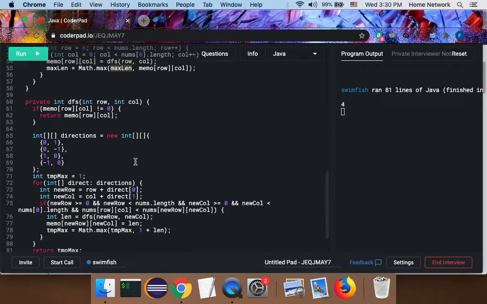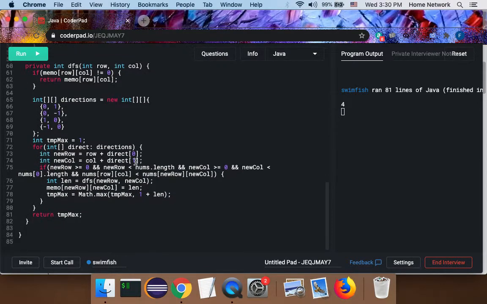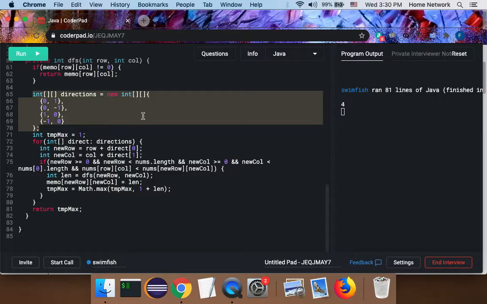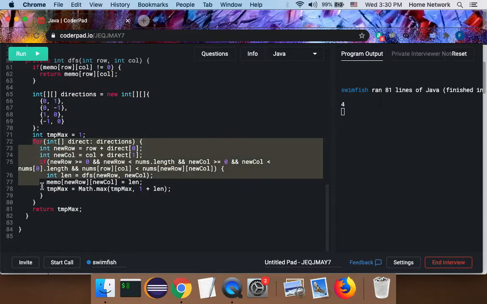Let's look at the DFS. If we already processed this vertex before, we directly return from the cache. Otherwise, we explore 4 directions. If all the 4 directions are not valid, then this node only has length 1.